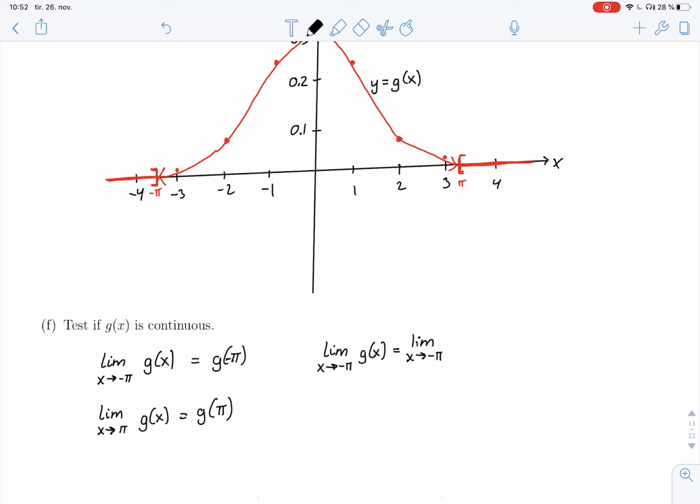We could also put a little plus sign here to indicate that we're going from this side, values larger than. And on the other side, we're going from lesser values. Okay, and that has to equal, we have to insert this function thing.